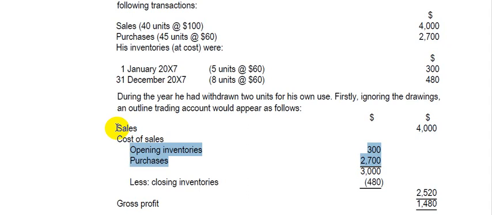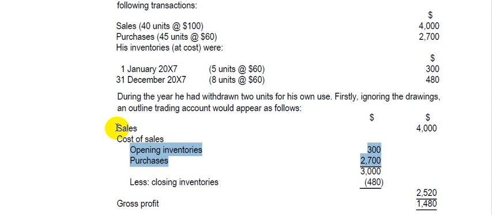So opening inventory, we had 5 units valued at 60 to give us 300, and then we purchased in the year 45 units at a cost of 60 to give us 2,700. Then we take out the closing inventory, which was 8 units valued at 60, which was 480.